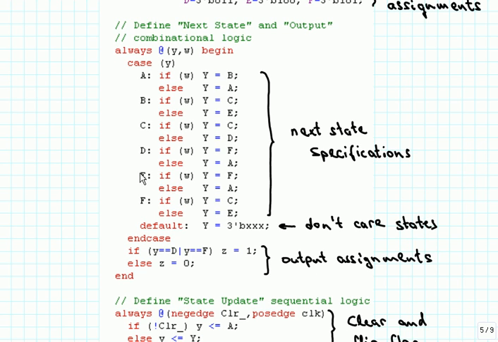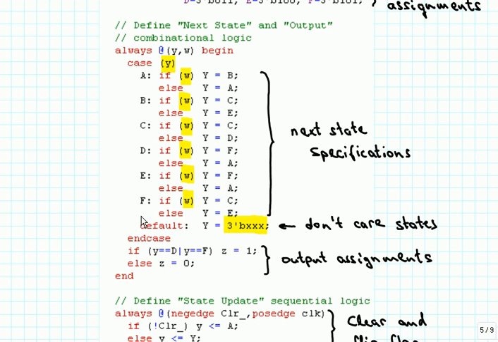We use again a case statement based on what the current or the present state is, and then we also depend on what W is in order to specify what the next state is going to be. We have again also the don't care states, because we still have just 6 states that we use, but 3 bits, so that there are 2 unused bit combinations.